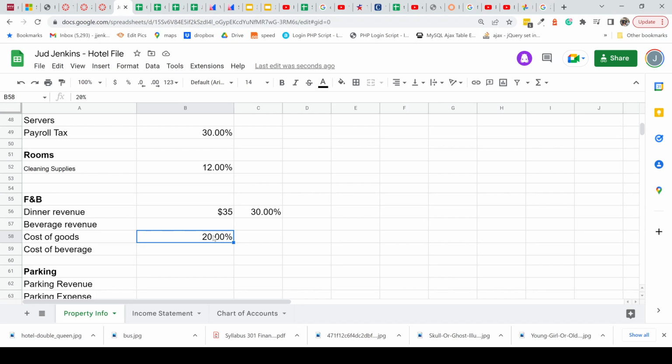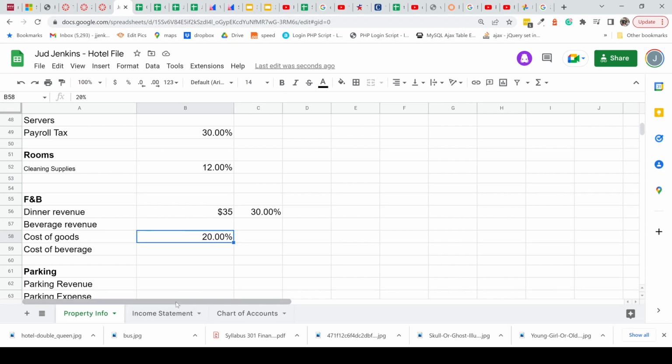Like if you're having to fly in lobster and you're only selling it for $35, then this percentage is going to be really high because it's going to cost you $30 to bring in lobster and you're only selling it for $35. But I'm making a good profit on mine. I'm making 80% profit on my food.